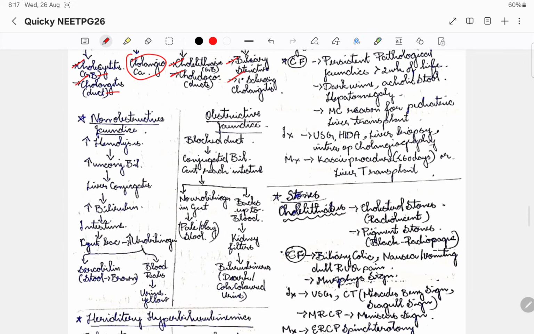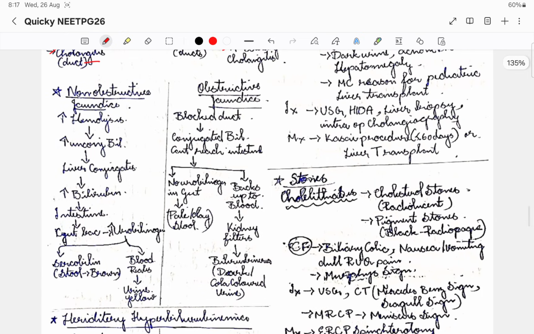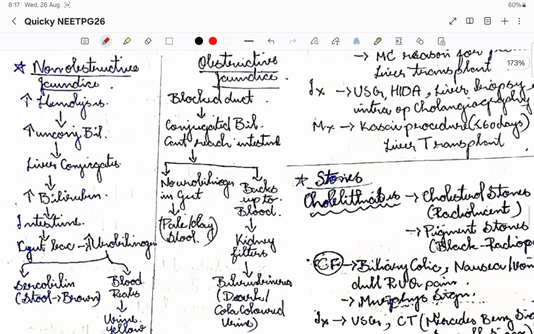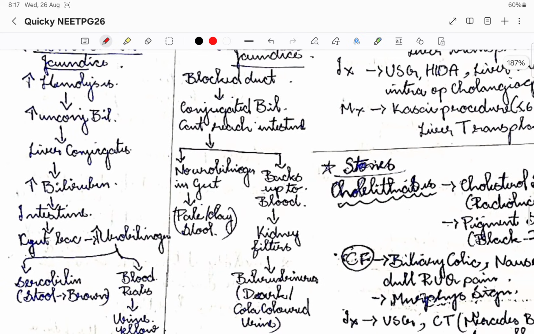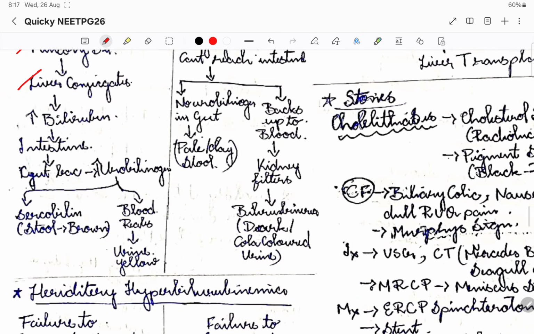Before going into gallbladder pathologies, the main thing we want to know is non-obstructive and obstructive jaundice. What is the difference and how does it happen? Basically, in non-obstructive jaundice, hemolysis is high, so the unconjugated bilirubin is increased. It goes to the liver, and there is an increased amount of liver conjugation happening, so there is an increased level of bilirubin.